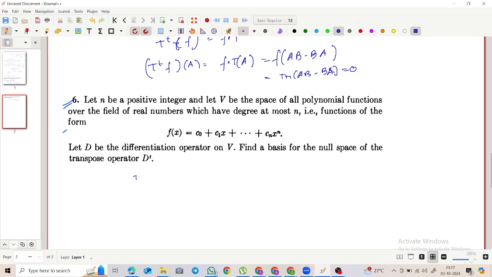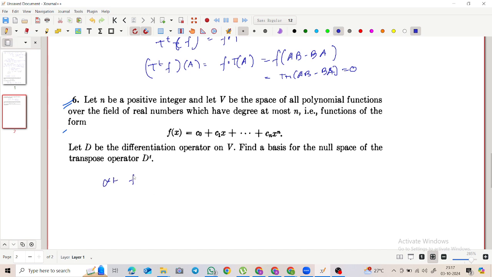D transpose of f is f composed with D, right? Find the basis of the null space of the transpose of the operator D.